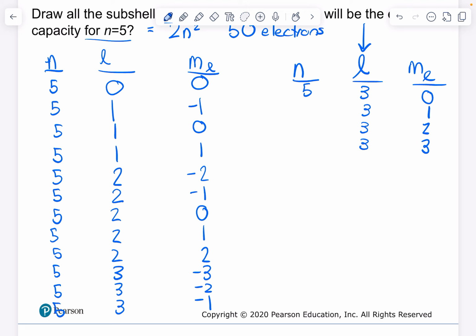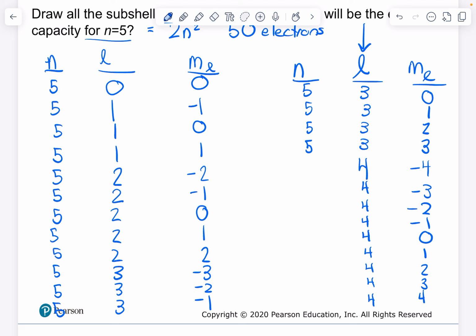There's a lot of orbitals once you get to N equals 5. Now, the final L value would be 4. So the M sub L could be -4, -3, -2, -1, 0, 1, 2, 3, 4, all of those with an L value of 4 and an N value of 5.